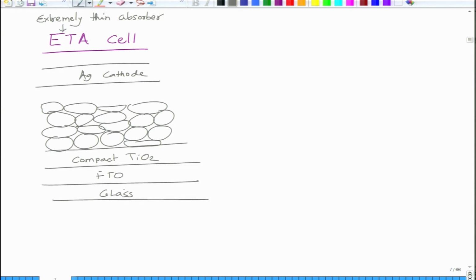The difference was that here we put in a material which was not a dye, but an extremely thin layer of absorbing material. The concept is similar, but you change the material, okay. So all these particles were coated with this absorber layer.